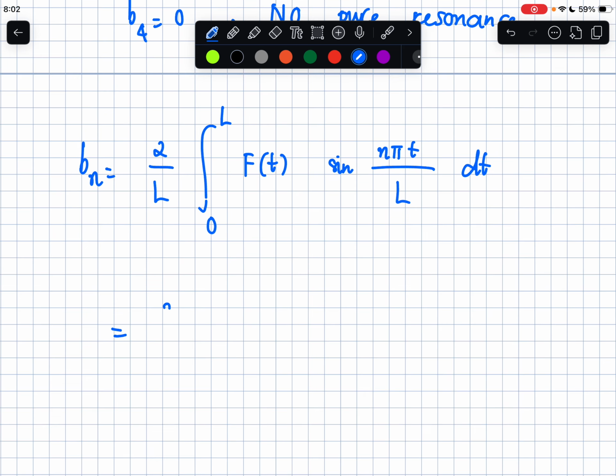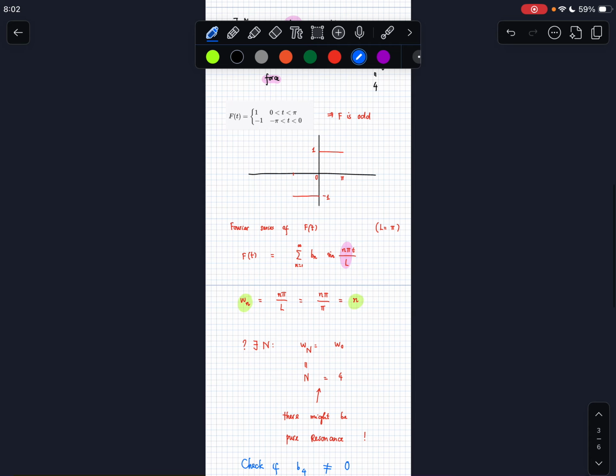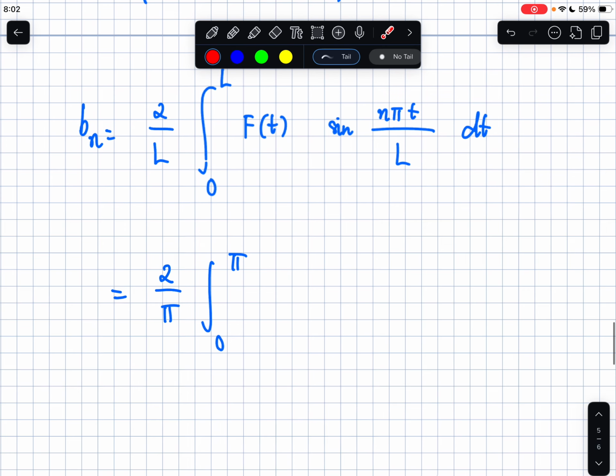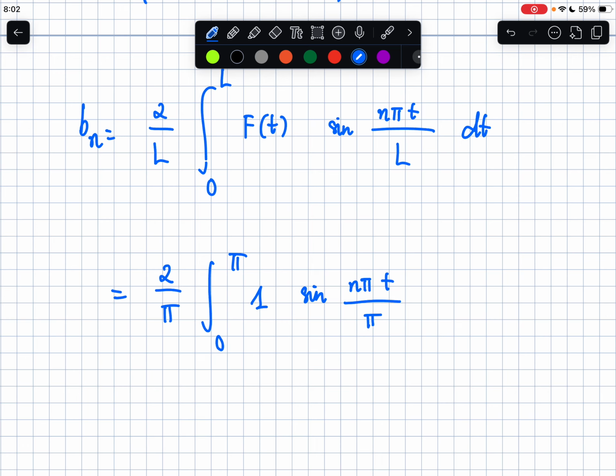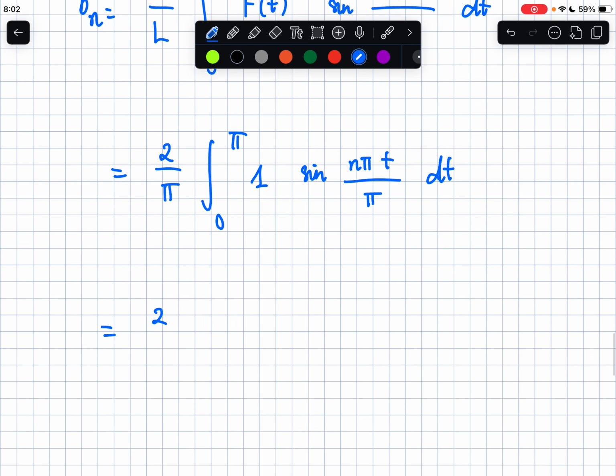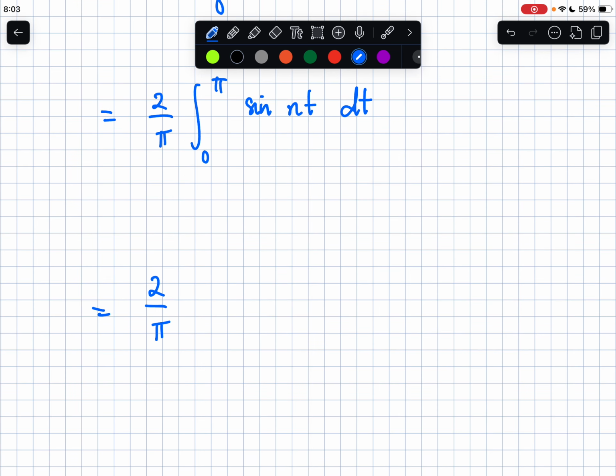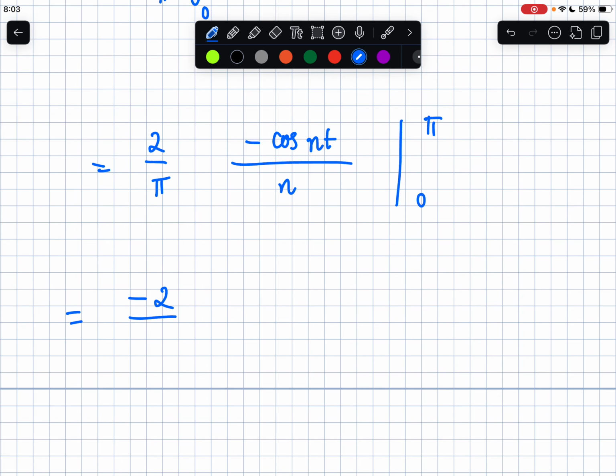In our case, this is 2 divided by pi, integral from 0 to pi, with F(t) equal to 1, of sin(n t) dt, which is 2 over pi times minus cosine(n t) divided by n, from 0 to pi, giving minus 2 over n pi times cosine n pi minus cosine 0.